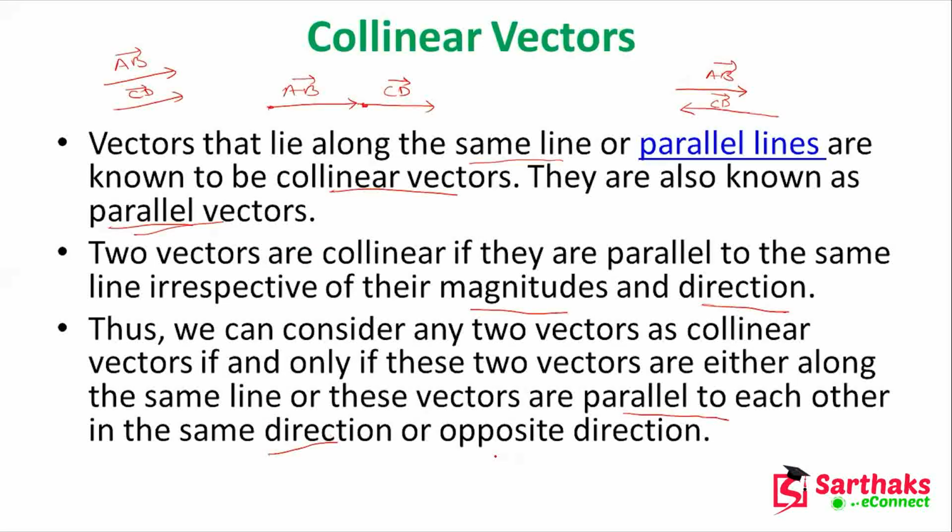I have already described here that these two are in the same direction and these two are in opposite directions, but both sets are collinear vectors, right? So these are the collinear vectors.